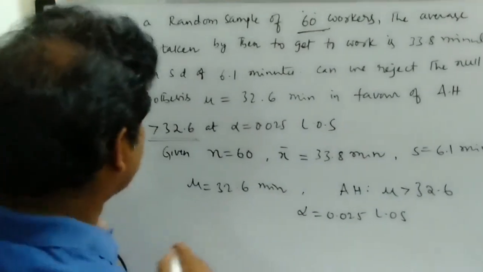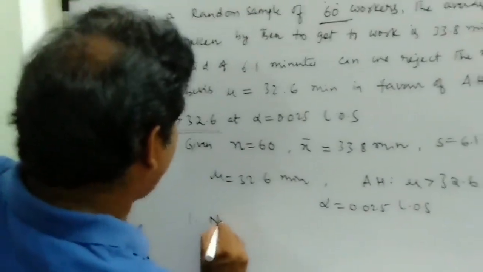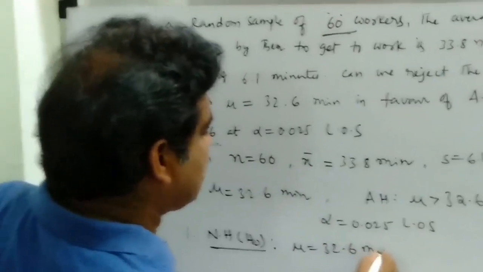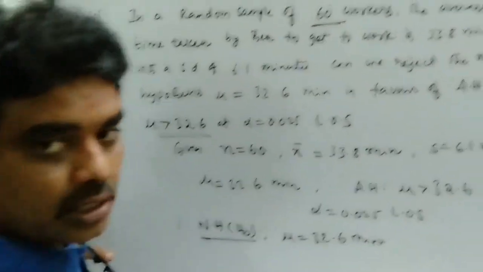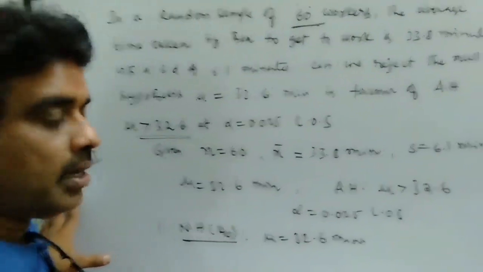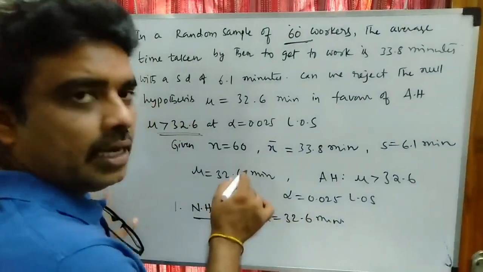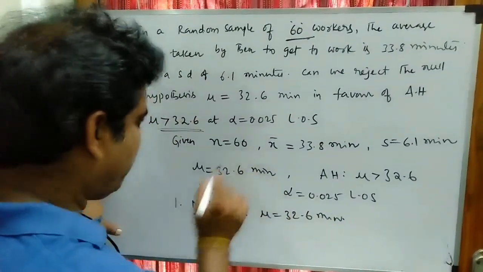So now I write the step by step procedure. In the first step we set up the null hypothesis H naught as mu is equal to 32.6 minutes. This is the null hypothesis, the statement from the population parameter information.